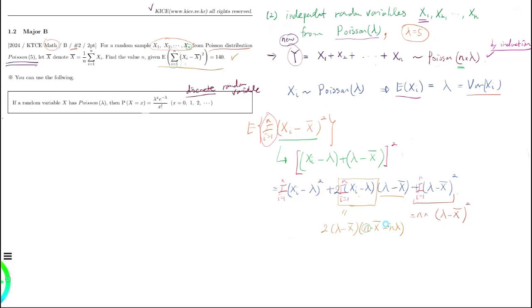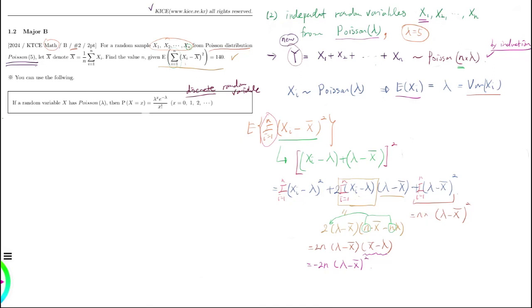pull out this n to the front here, and I get 2n times lambda minus x bar and x bar minus lambda. So I can rewrite this one as, I can pull out the negative sign here, so negative 2n times lambda minus x bar, and each square.